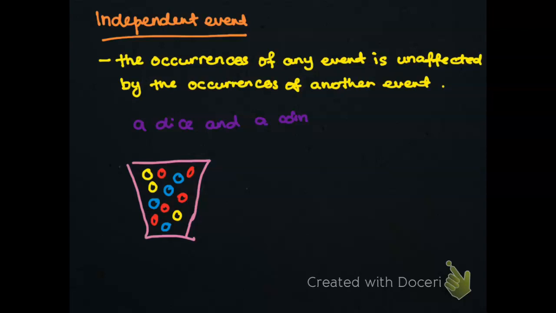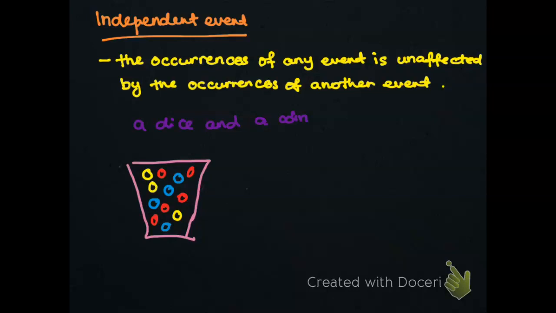This situation is known as independent event. Choosing a ball on the first trial has no effect on the probability of choosing the second ball on the second trial, because again you have replaced the ball that you took the first time.